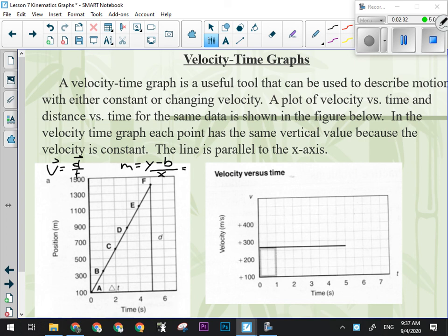I'm going to use this spot here as y, okay? And it's 1400. Okay, I'll use this as b, because it's where the y-intercept is. Okay, that's at 100. And this all takes 5 seconds. Okay, so 1300 over 5, pretty sure is 260.